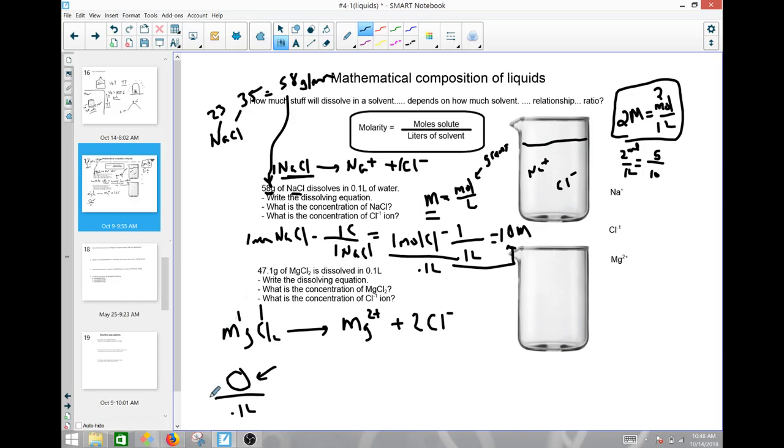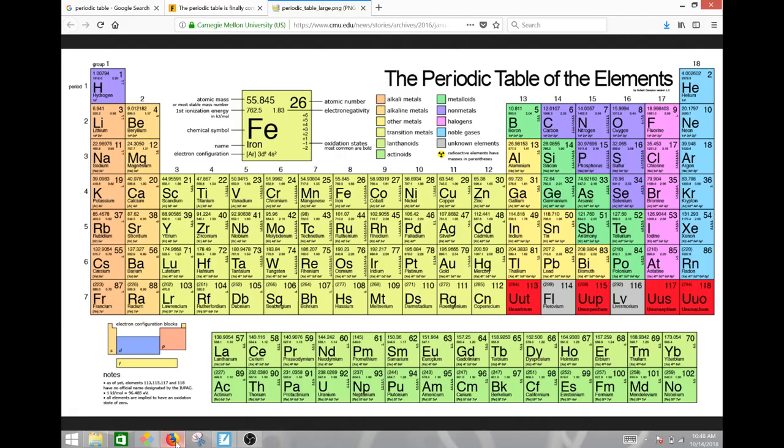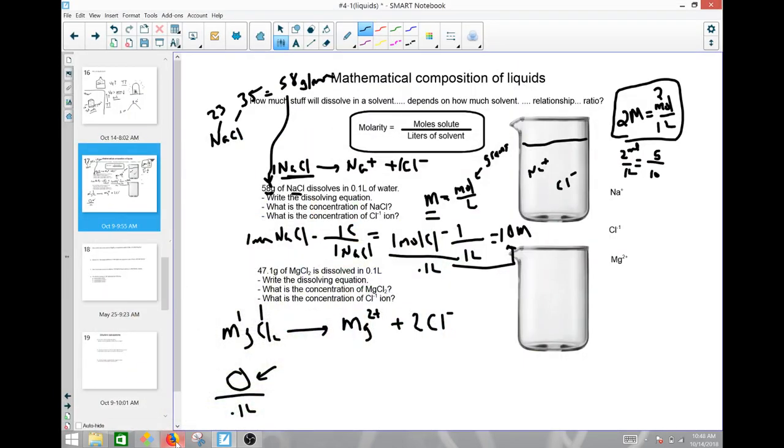So first of all, the molar mass of magnesium. Let's look magnesium up. Magnesium is 24.3. Chlorine is estimating at 35.4, and there's 2 of them. That's 70.8.